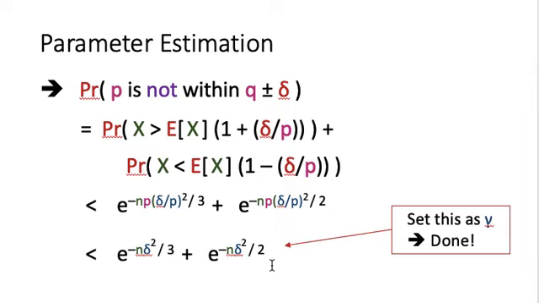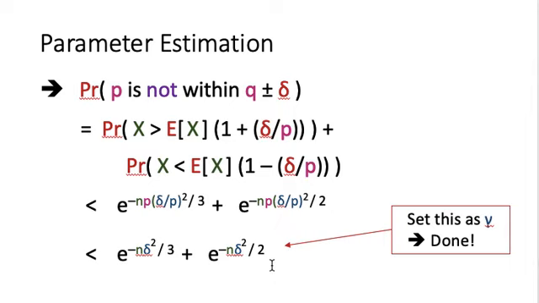So if we fix, let's say, n and delta, so for instance, if we know how many samples we can take, and we want to have a certain bound on this delta, then in that case, we can find out what is the confidence that we can claim.